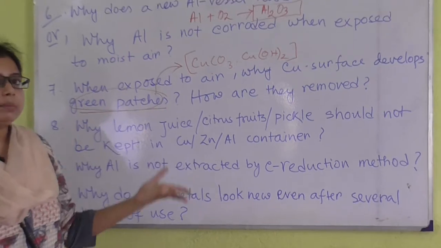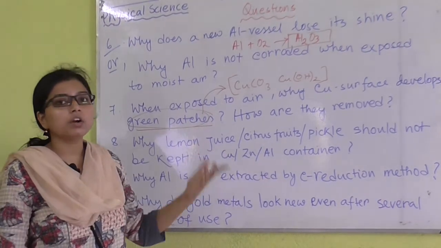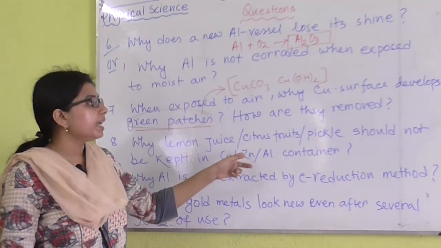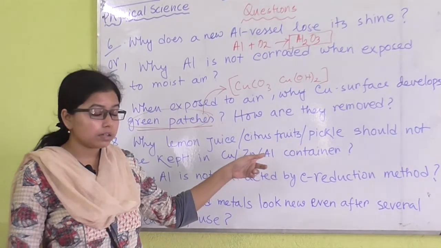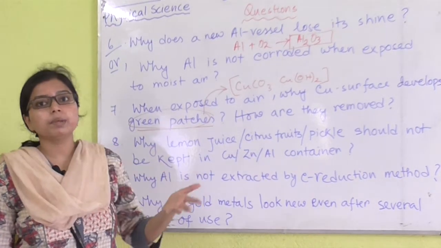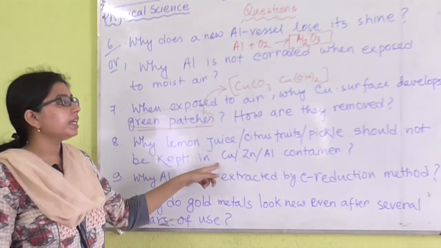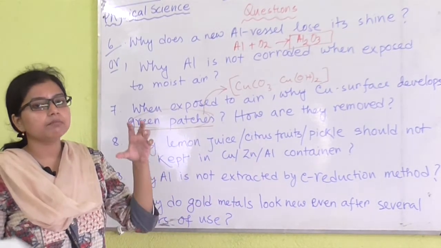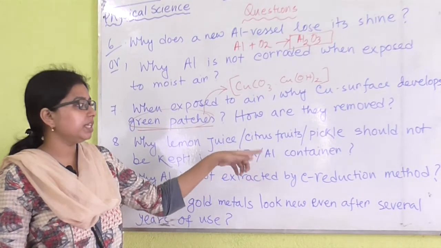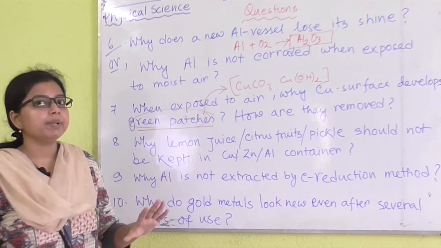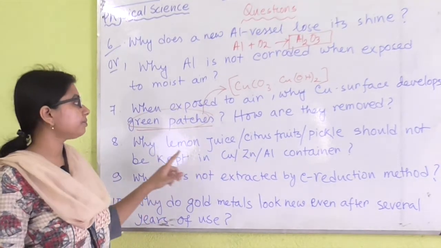It may be a copper container, it may be a zinc or aluminum container also. In case of zinc and aluminum, the process will be much faster, and both the metals are very much reactive in nature. In case of copper, the process will be slower with respect to these two metals, but it will happen, certainly it will happen.